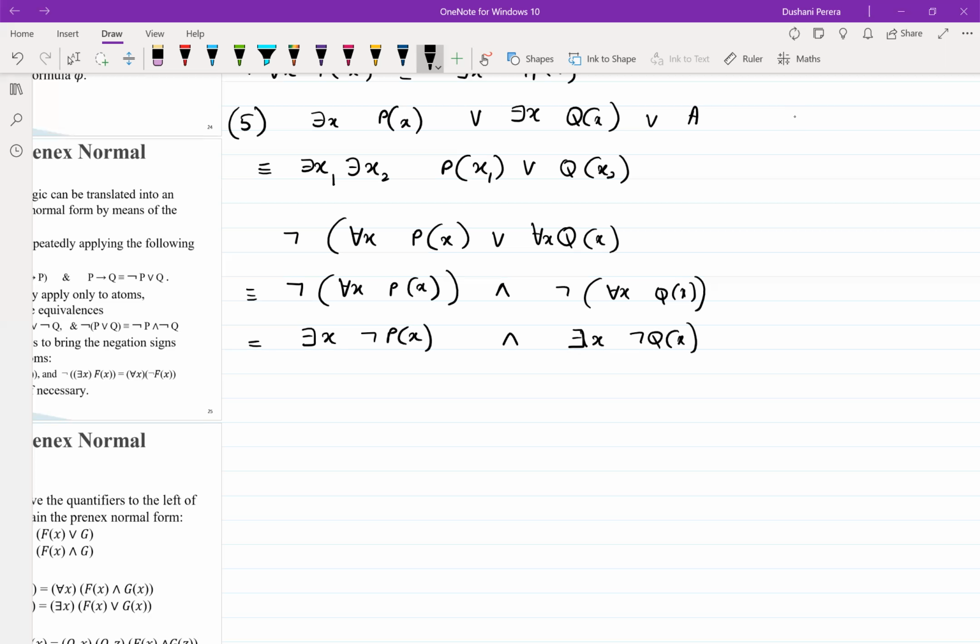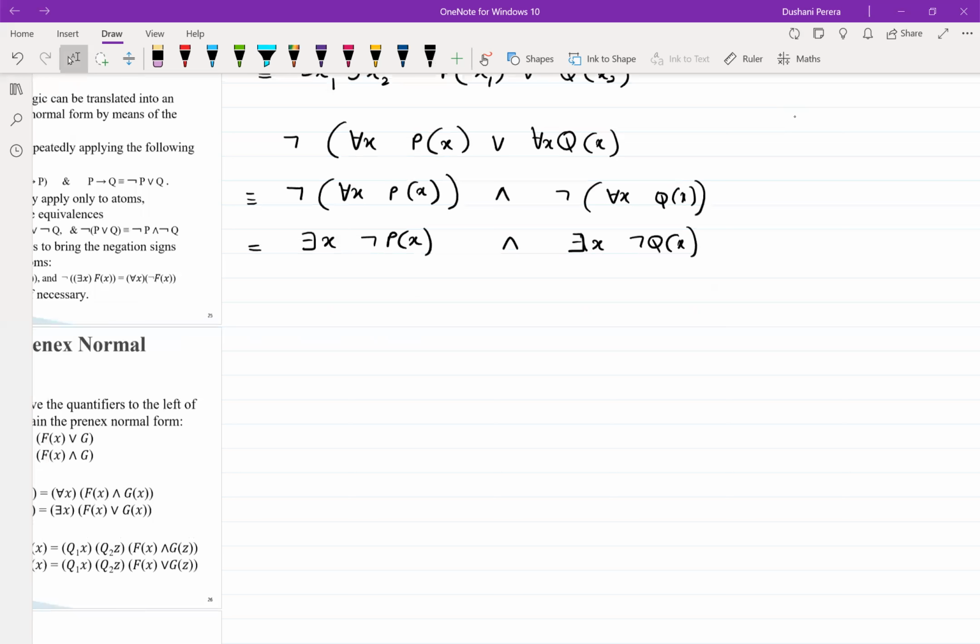Now what are you going to do? Take the quantifiers to the front, take the other ones inside, and rename your bound variable.